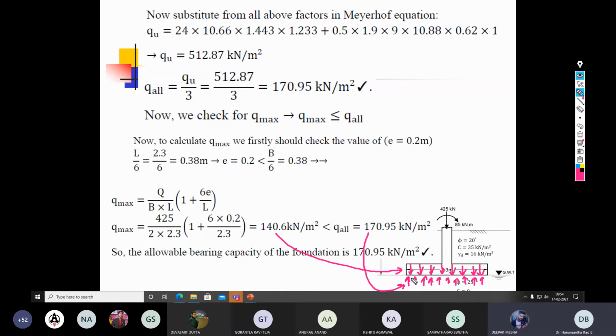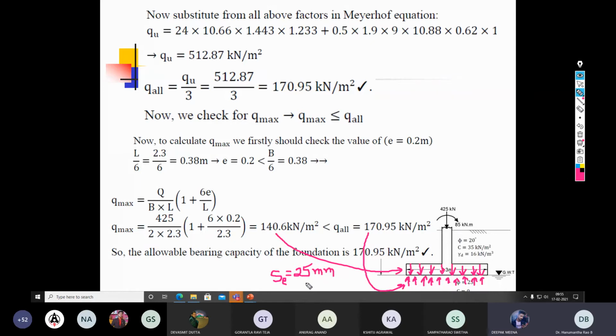Basically, when the bearing pressure from the column is higher than the bearing capacity of the soil, initially there is a settlement problem, but each code says the settlement shall not exceed a certain value. For example, one code says the settlement shall not exceed 25 millimeter.